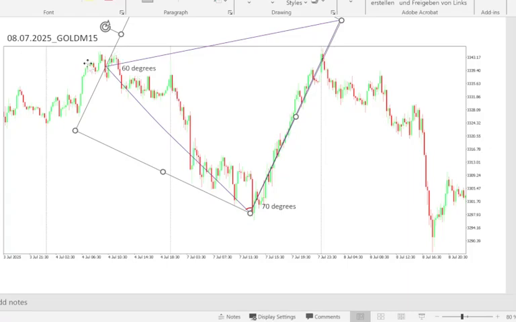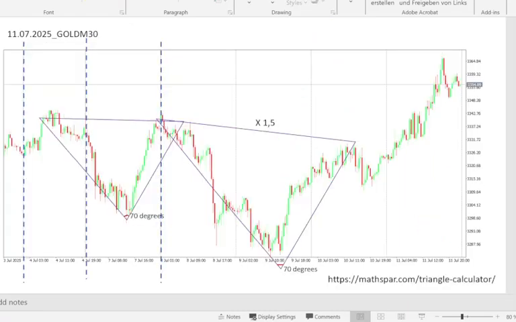But here we would have put the take profit target at this previous high. So even if the triangle didn't form here a 60 degrees, still it helped us know approximately how long we would have needed to stay in this trade.